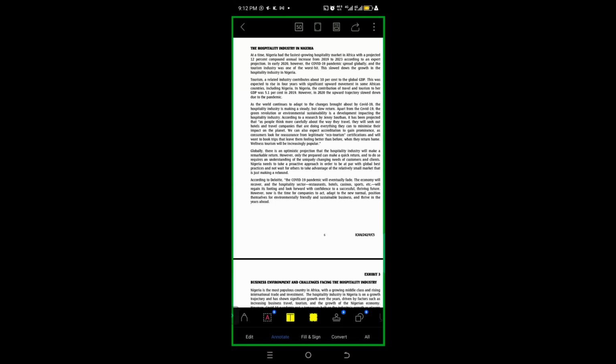And another information they said is that after COVID-19, the hospitality industry is making a steady but slow return. So again, we should expect that from 2020 to whatever year we could get, there should be growth in the financial statement of the company.